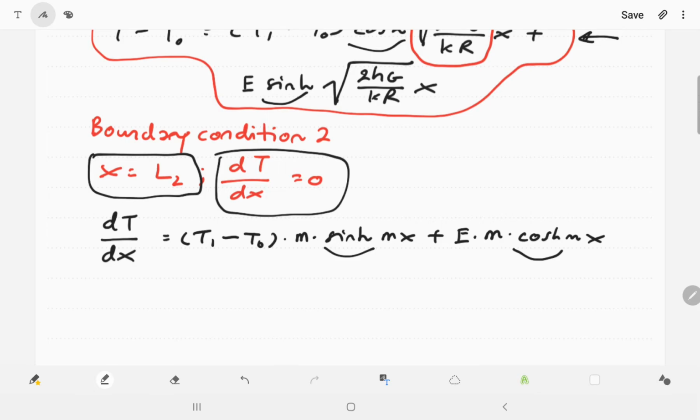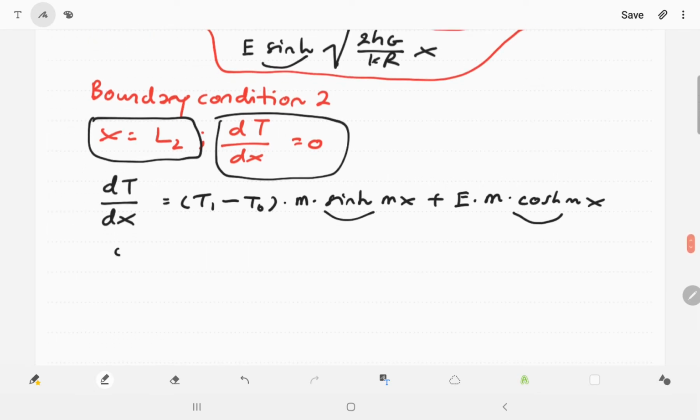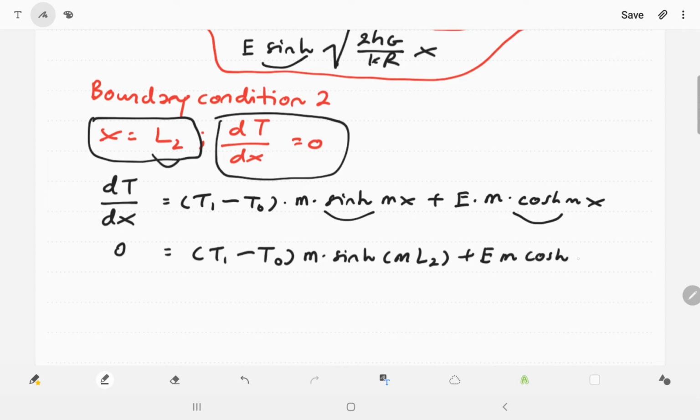After having this expression, this will be 0 equal to T1 minus T naught m sinh mL2. Remember that our x in here is equal to L2, plus E m cosh mL2.